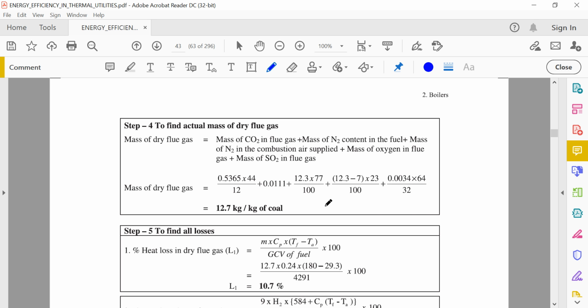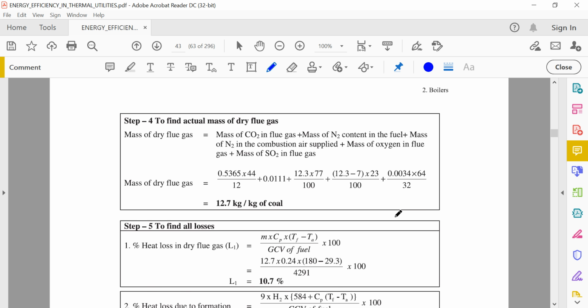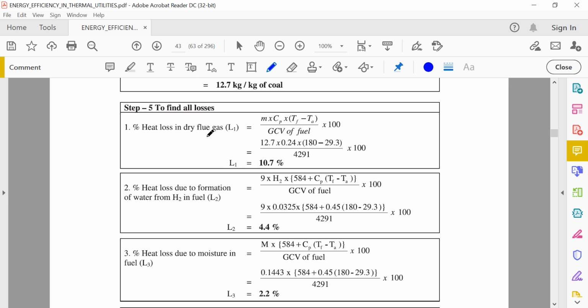Now the next step is to find out all the losses. Now the first loss is heat loss in dry flue gas. This is the major heat loss in the boilers. So here mass of flue gas is taken, then specific heat of flue gas is taken, and the temperature rise. These figures we have already given, that ambient air temperature is 29 degrees and the flue gas temperature is 180 degrees.